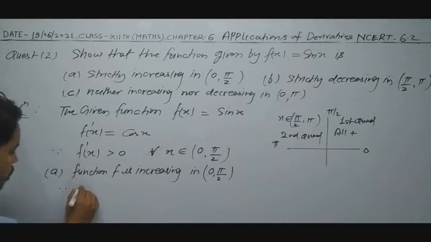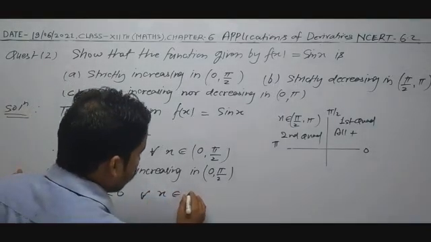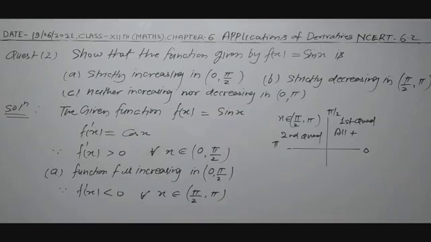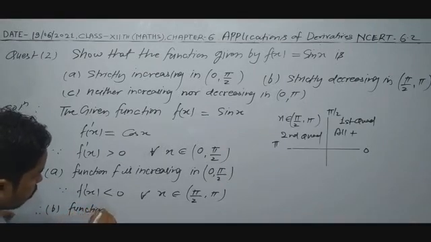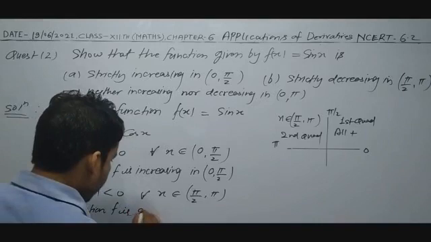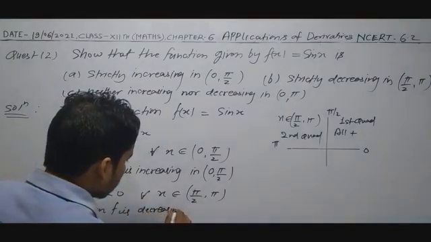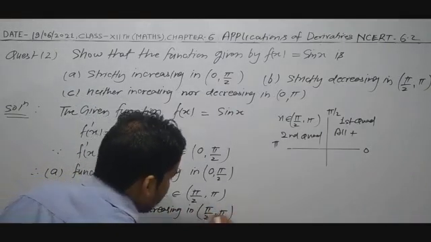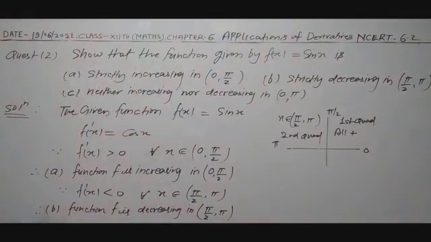Since f dash x is less than 0 for all small x belongs to pi by 2 to pi, therefore function f is decreasing in pi by 2 to pi.